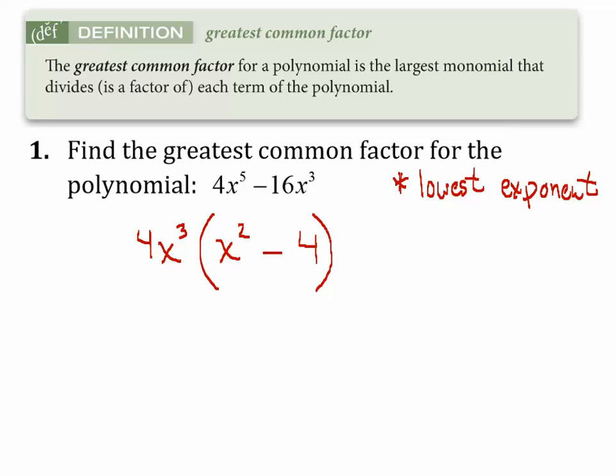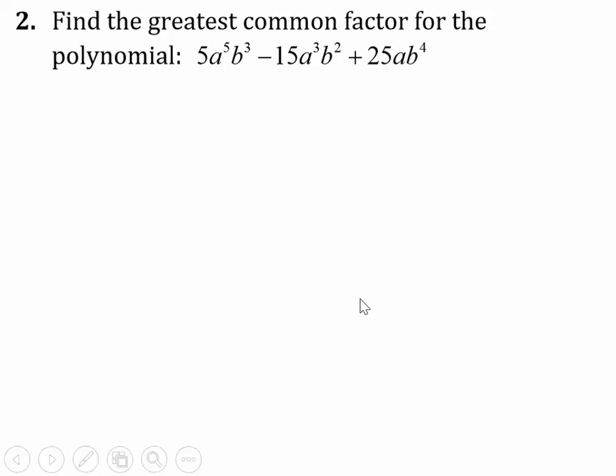Cool. Okay. This is the first problem of the first section of chapter 5. It better be the easiest one. Okay, let's jump to this one. Multiple variables. And now I have 3 terms. So this is a trinomial.